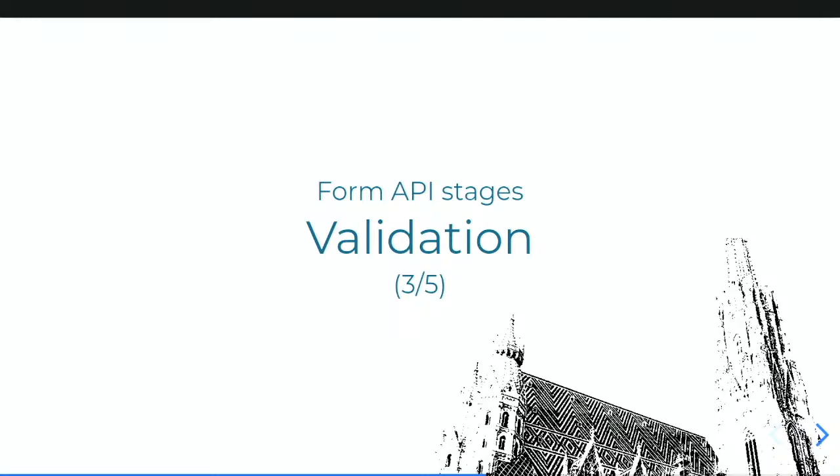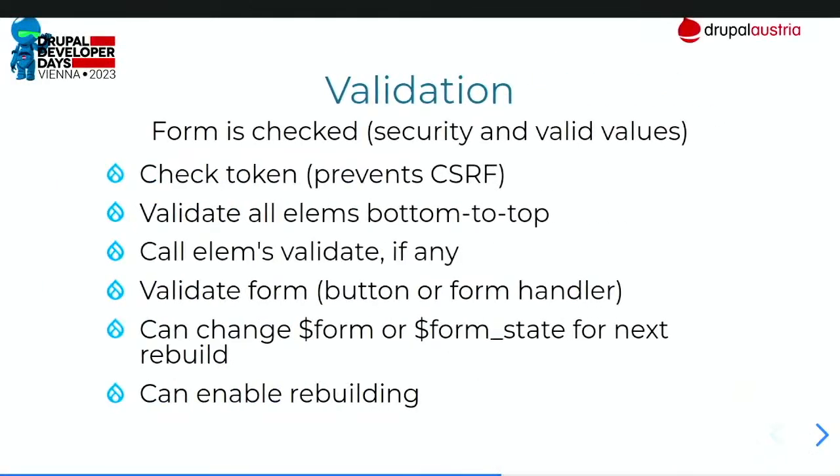And talking about validation, let's see how validation works. It's where the form is checked, all the security and the values are checked. The token is checked, the one for CSRF attacks.